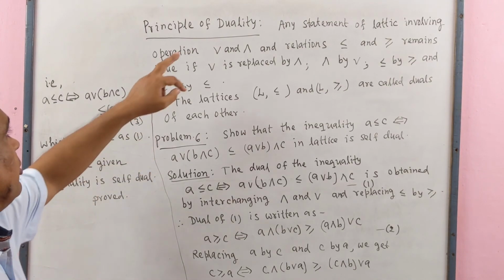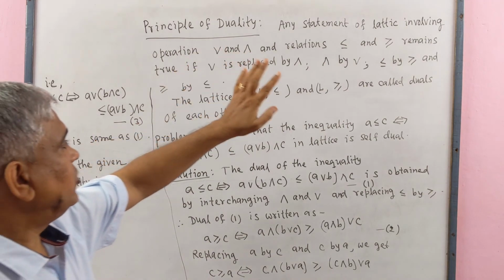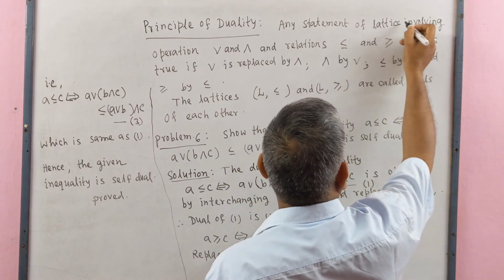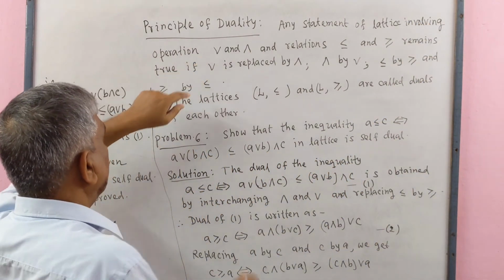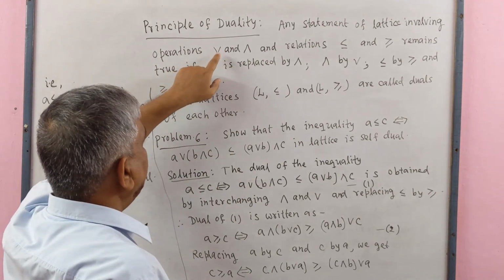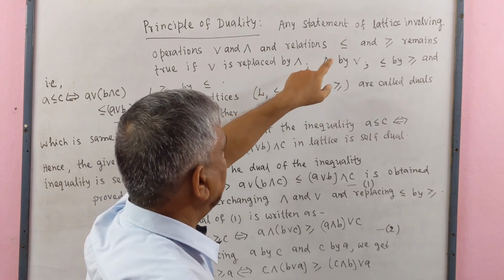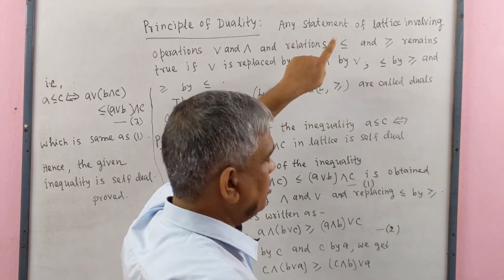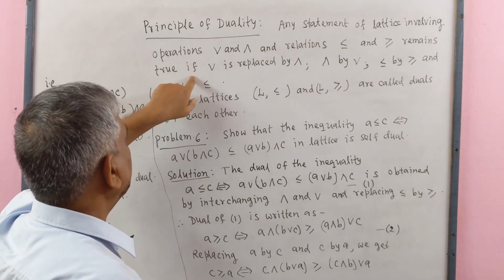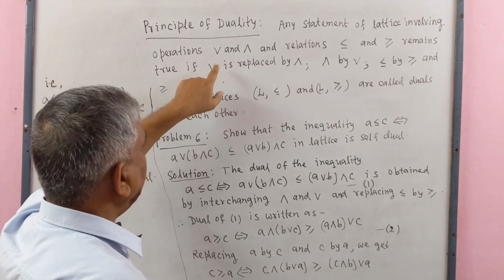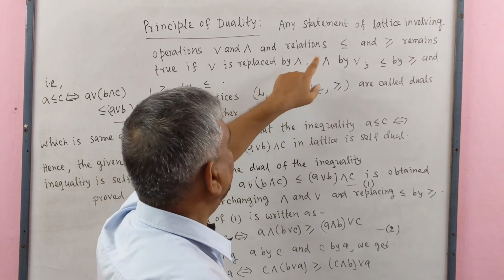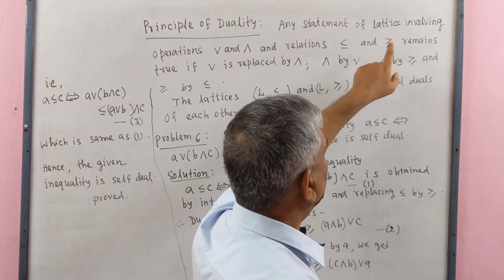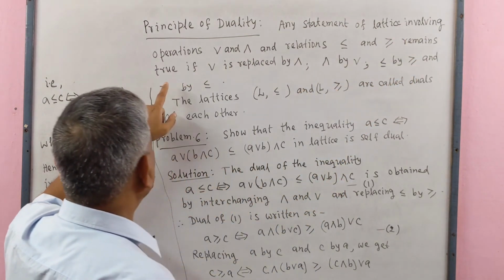Now we define the principle of duality. Any statement of the lattice involving the operations join and meet and the relations less than or equal to and greater than or equal to, these being partial order relations, remains true if join is replaced by meet, meet is replaced by join, less than or equal to by greater than or equal to, and greater than or equal to by less than or equal to.